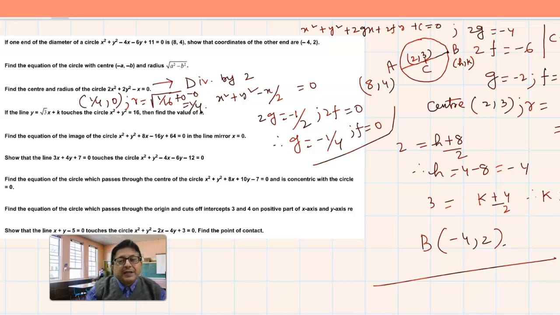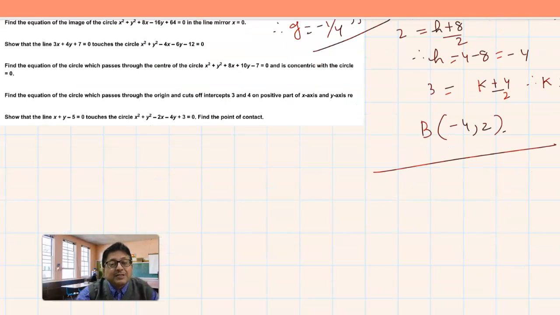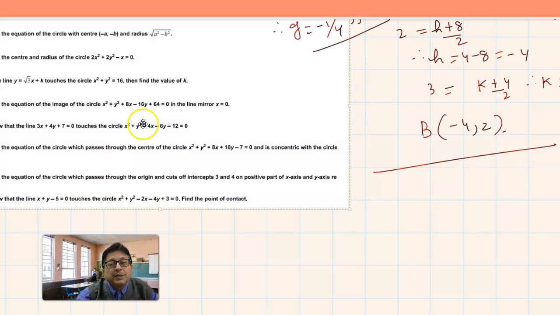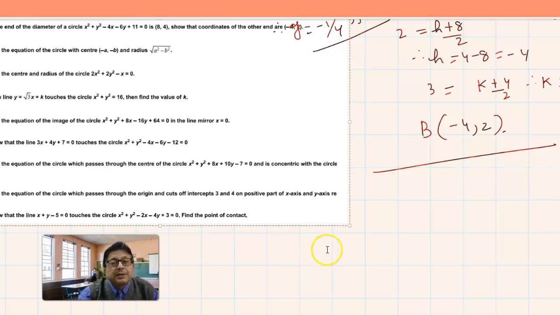Now there is a problem given here that if this line touches the circle, then what is the value of k? How to solve this problem? It's not coming from any standard equation of circle we have assumed. Okay, this is coming from the concept. What is the concept over there in number 4?